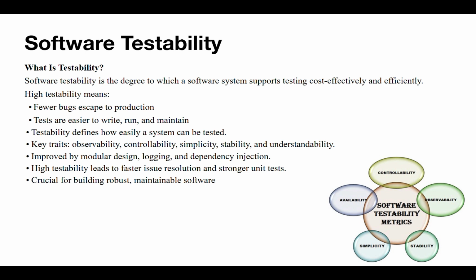Key traits: observability, controllability, simplicity, stability, and understandability. And these are really great key traits to have in your code, because once you have that in your code, it is set and the program will be working. It's improved by modular design, logging, and dependency injection. High testability leads to faster issue resolution and stronger unit tests, crucial for building robust, maintainable software.